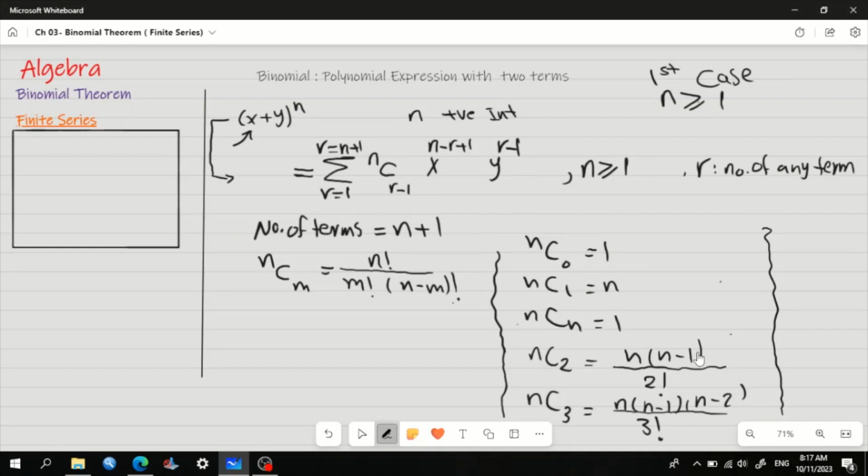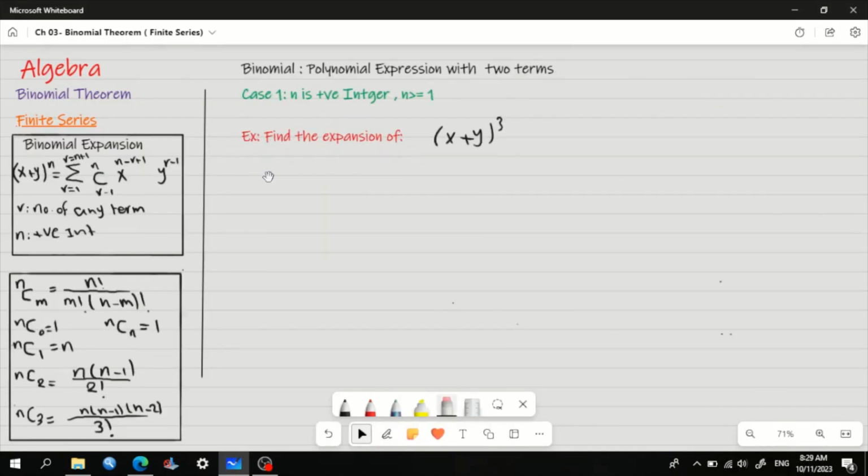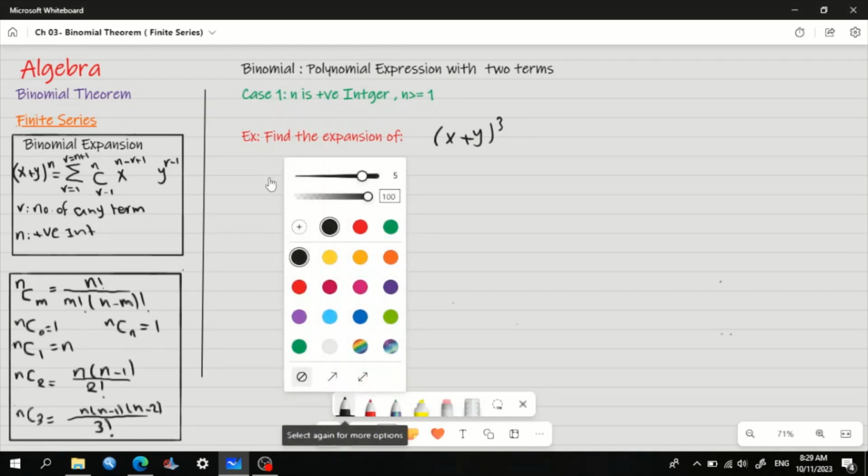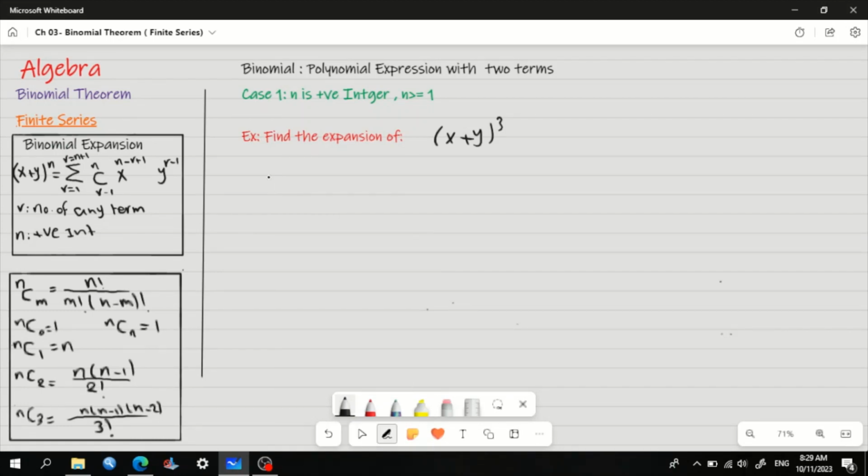And here now, let me clear that. Let's take our first example here. Okay, (x + y)^3. Let me write this here. So (x + y)^3.